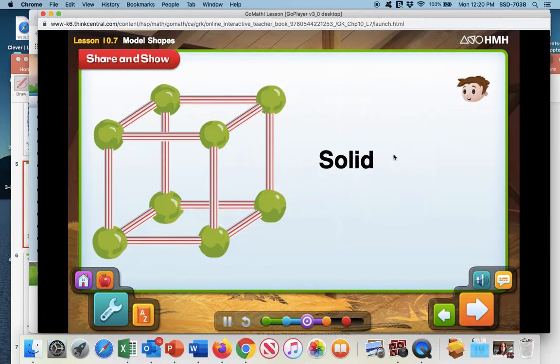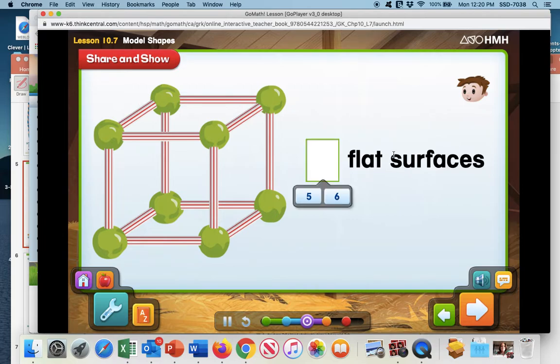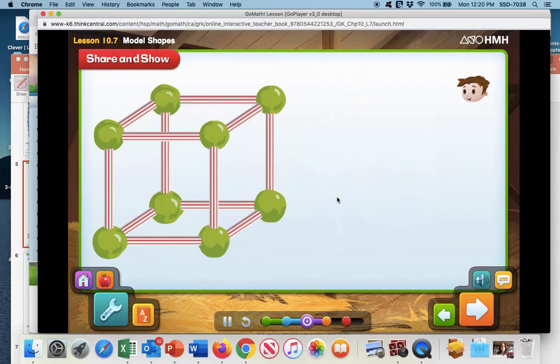A cube is solid. How many flat surfaces or faces are there on a cube? Either 5 or 6. Say your answer. That's right. A cube has 6 flat surfaces. How can Tim model a cube? By building it.